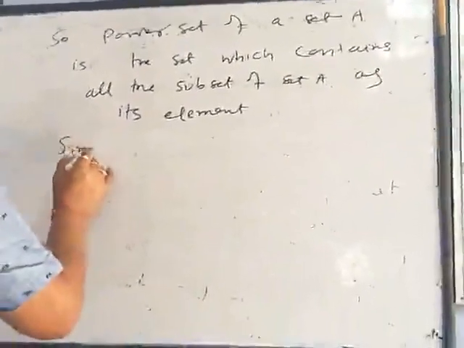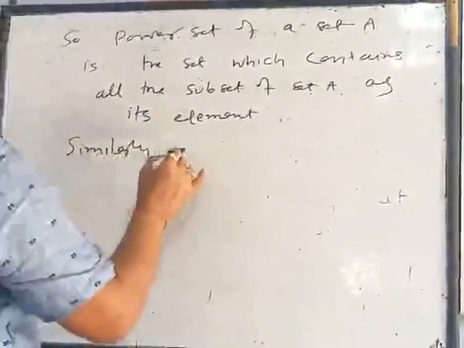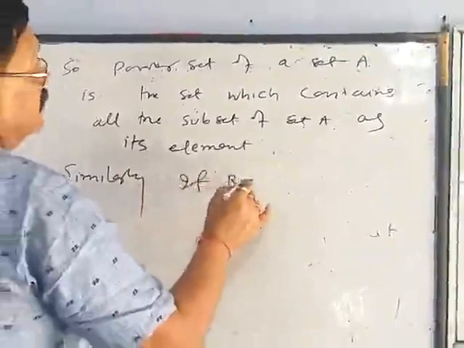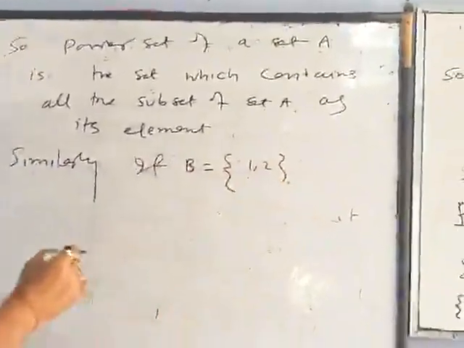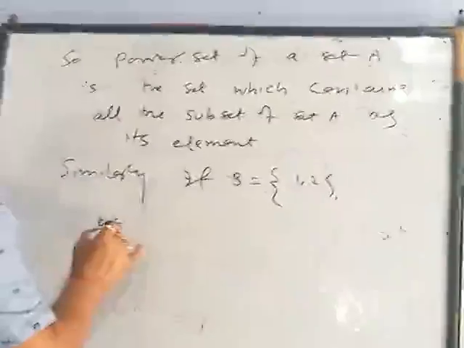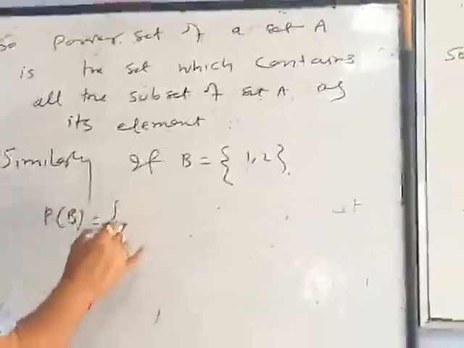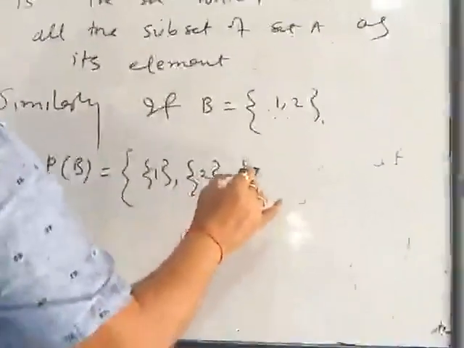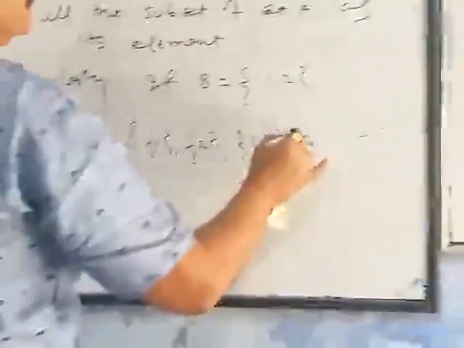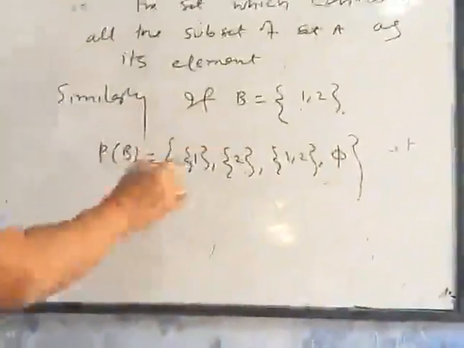Similarly, if B has elements 1, 2, then P(B) has elements {1}, {2}, {1,2} and the null set. These are the elements of the power set.